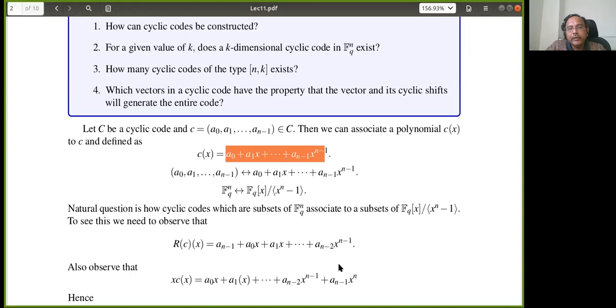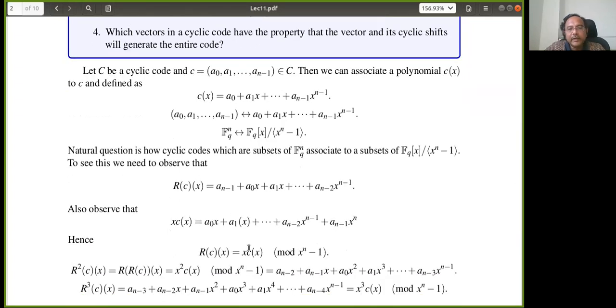But what happens if I do modulo x power n minus 1? That means x power n equals 1, so this becomes 1 and this guy becomes first. So now R C of x is x into C of x modulo x power n minus 1.